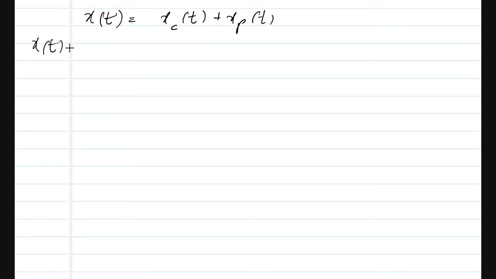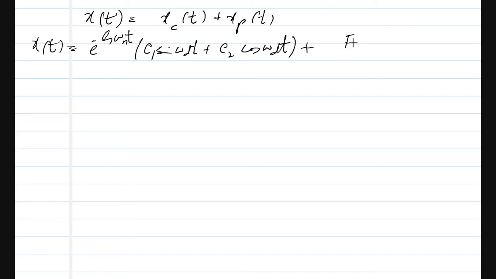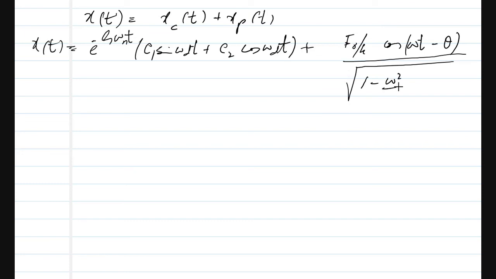So x of t is, what the complementary solution is, e to the minus zeta omega n t, c1 sine of omega d t plus c2 cos of omega d t, plus, what is the particular solution, f naught over k, cos omega t minus theta divided by square root of 1 minus omega square over omega n square whole square plus 2 zeta omega by omega n whole square. This is the final solution of a forced vibration system.